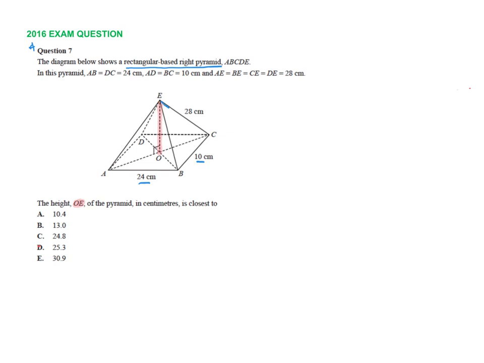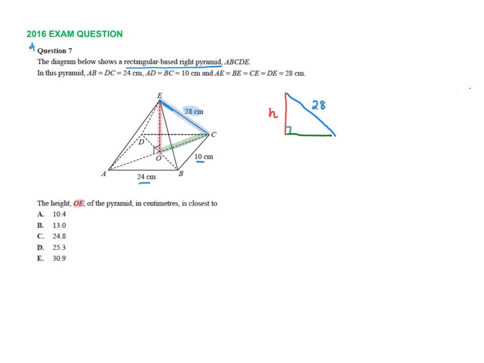If you look, we've been given the slant edge there, and if I measure across like that, I get a triangle. I'm going to use this triangle to find the height, which is my question, and I know that this is 28.